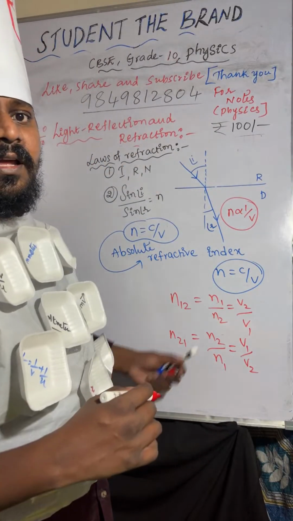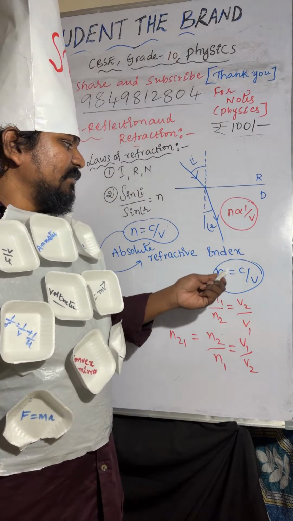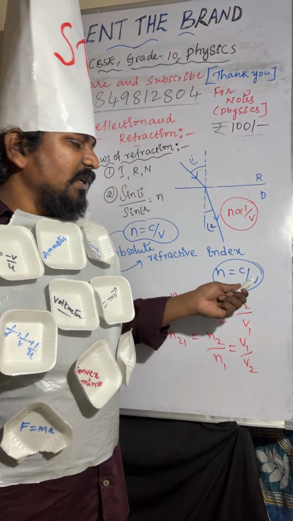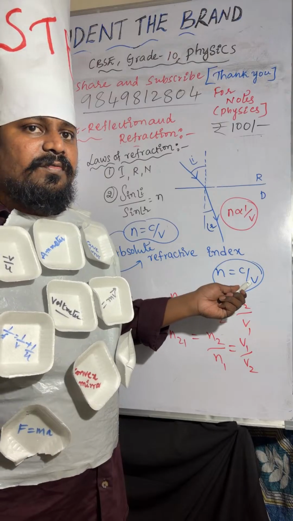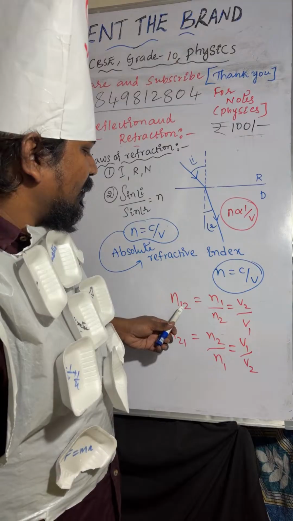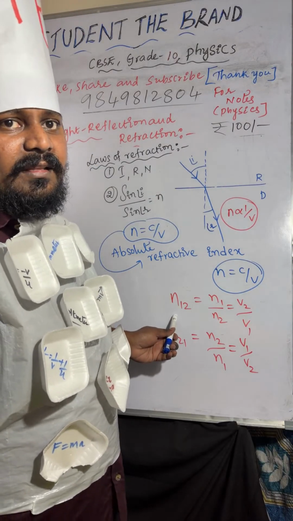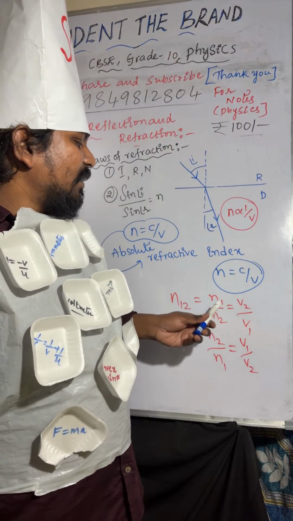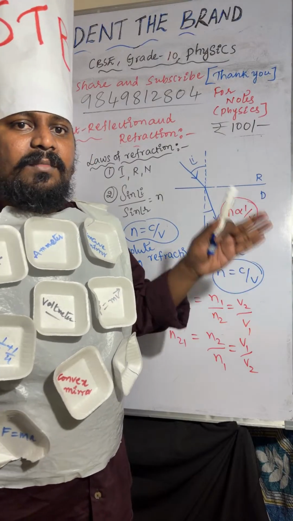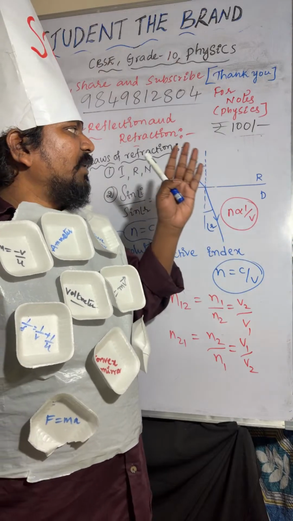Here you can observe one thing carefully: n is inversely proportional to velocity, since n equals c by v. It is very important that whichever medium comes first, you write in the numerator. So the refractive index of medium 1 with respect to medium 2: medium 1 comes first.